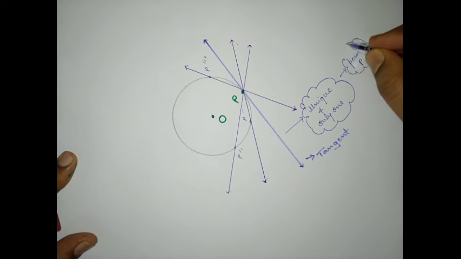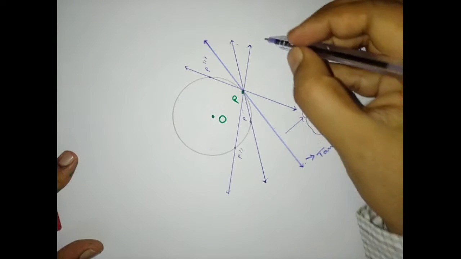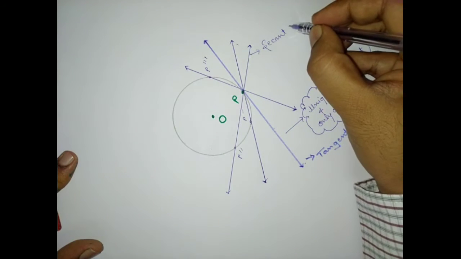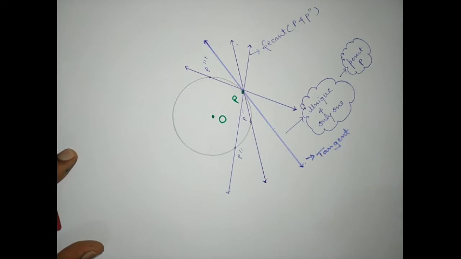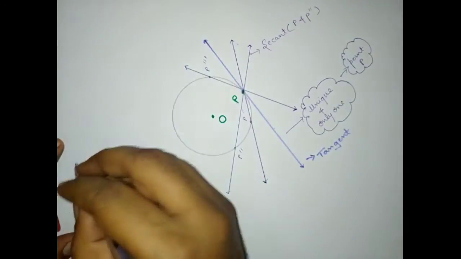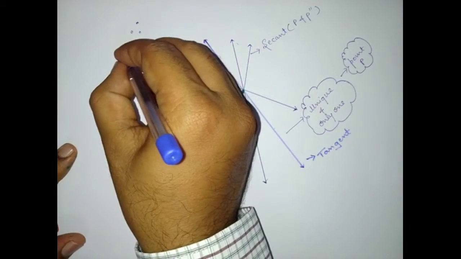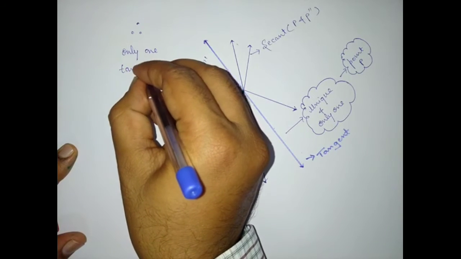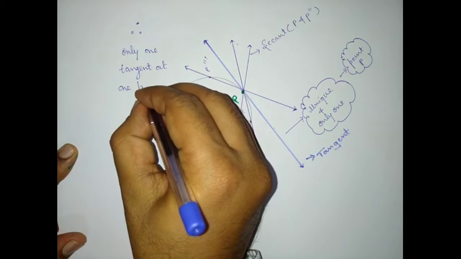Always remember, we are talking about a single point of contact. A circle may have infinite tangents at different points of contact. So here we can see that these are the secants, and this secant has 2 points of intersection as P and P double dash. Therefore, the learning from this activity is that a single point of contact implies a unique tangent, that is one and only one tangent.